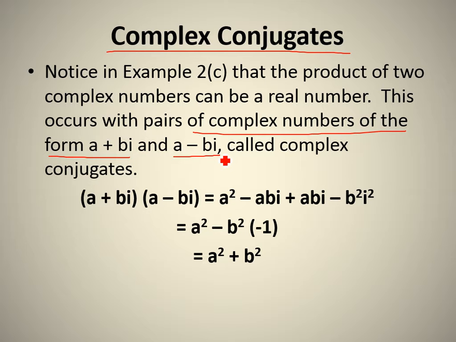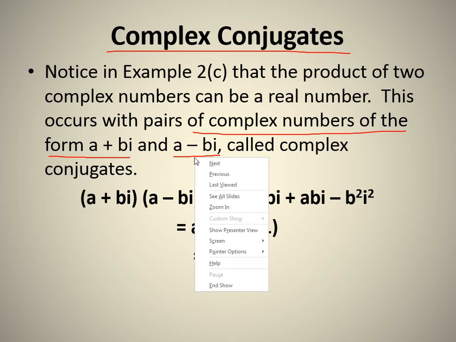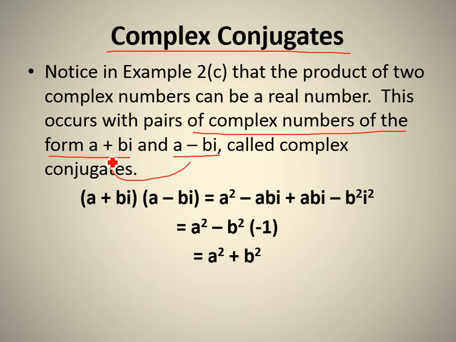Or if you had a minus bi, its complex conjugate would be a plus bi. So just to give you a for instance, if you had the complex number 2 plus 3i, its complex conjugate would be 2 minus 3i. Or if you had, say, the complex number negative 4 minus i, the complex conjugate of that would be negative 4 plus i.